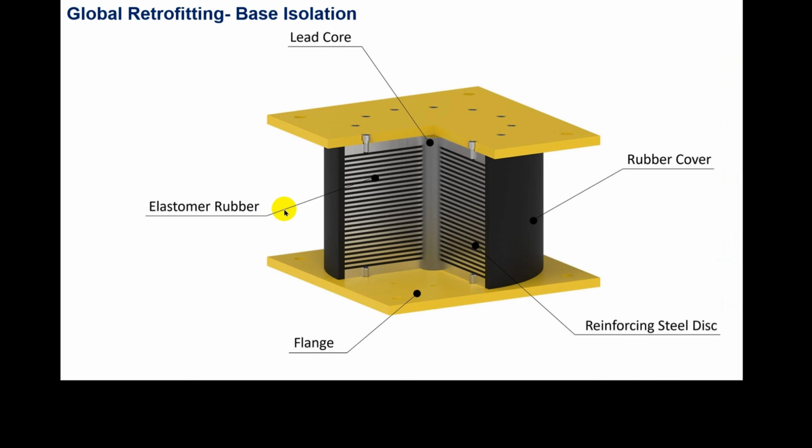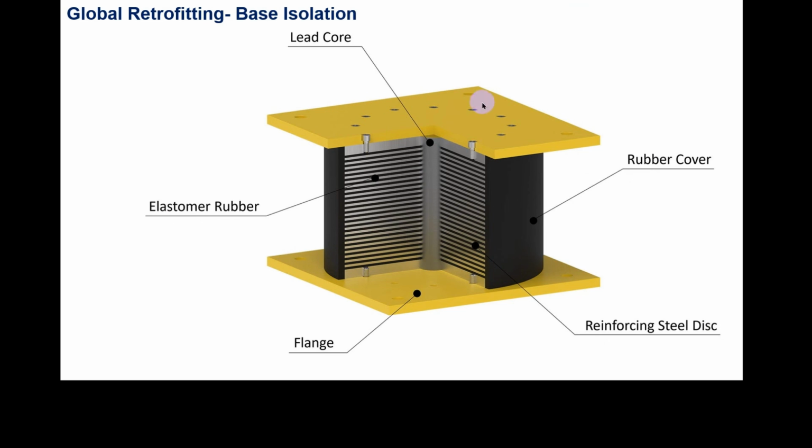So this is the simple base isolation structure in which there is a lead core, the elastomeric high damping rubber, and these are the flanges. These are the retrofitting steel discs with a rubber cover. The rubber and the discs are inserted layer by layer, and they are strongly bound together.